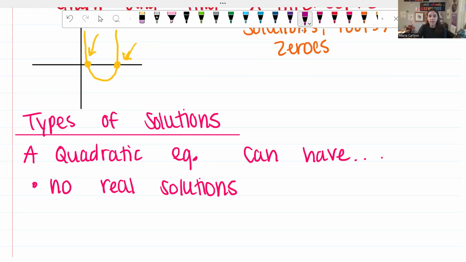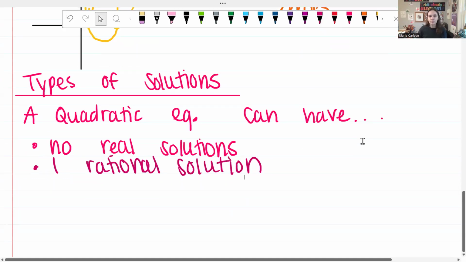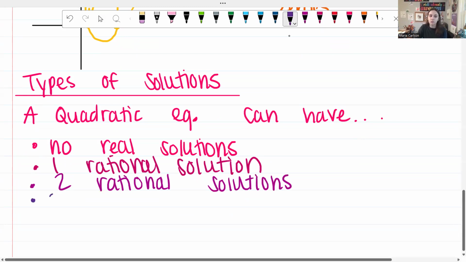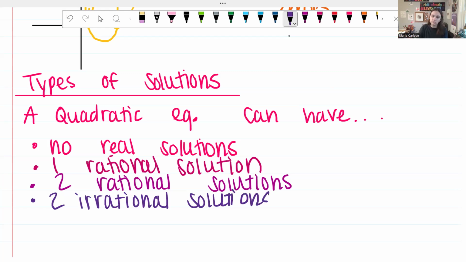Your quadratic equation might have one rational solution, meaning one fraction, decimal, whole number solution, not a crazy long decimal that goes on forever. It could have two rational solutions, or you could have two irrational solutions. So these are the possibilities.